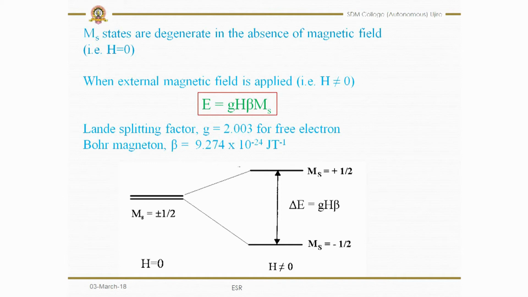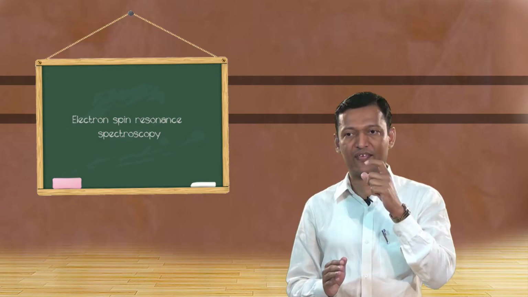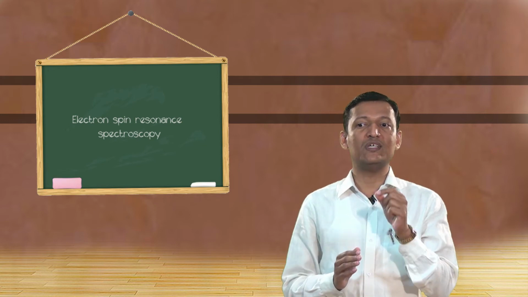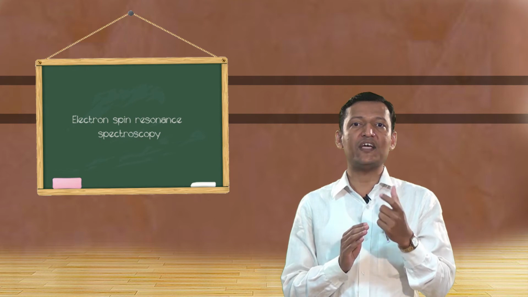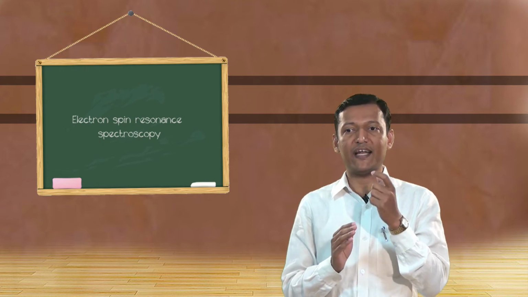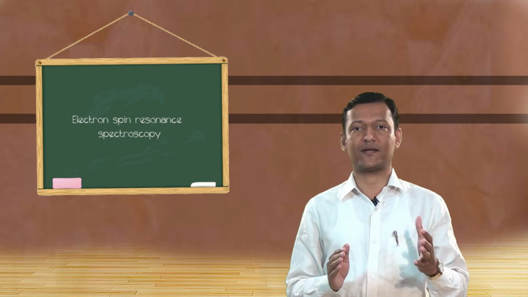So any radiation whose energy matches the energy difference between these two states will be absorbed, so we are going to get an absorption spectrum. The difference between these two states with ms value plus half and minus half is equal to g H beta. So radiation whose energy is equal to g H beta will be absorbed, so we are going to get a spectrum.